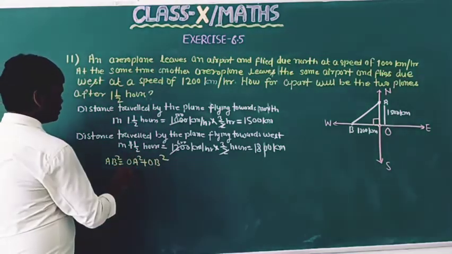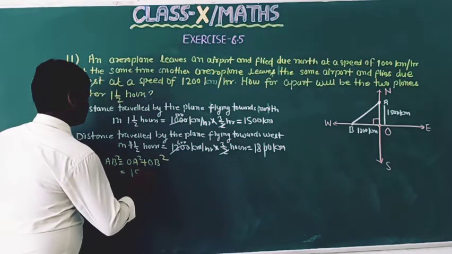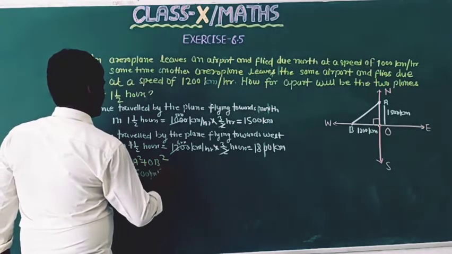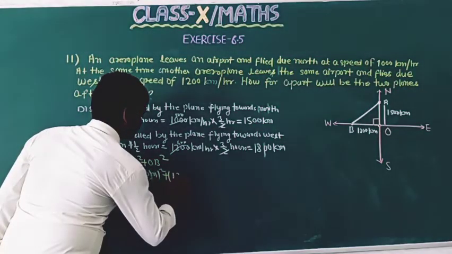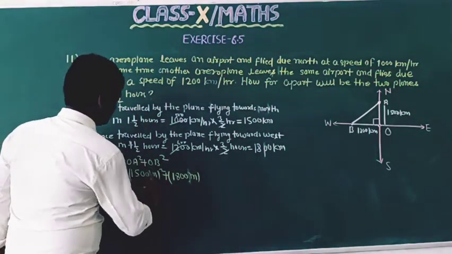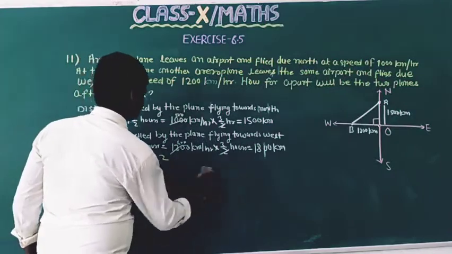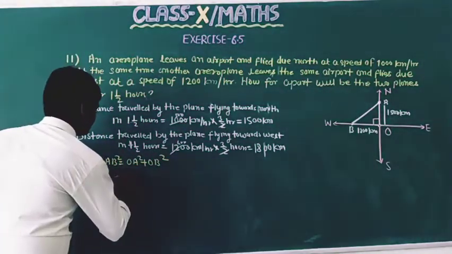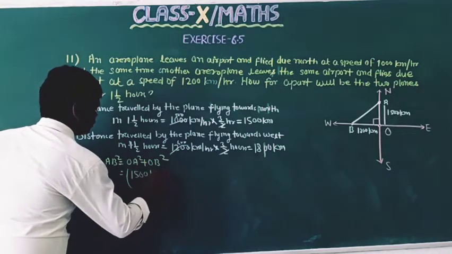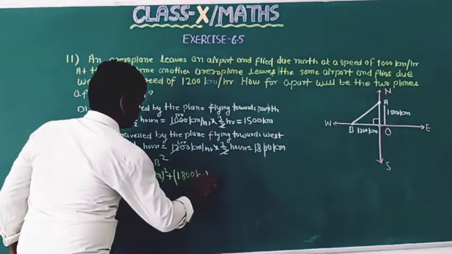OA is given, this is 1500 kilometer square plus OB is 1800 kilometer square.